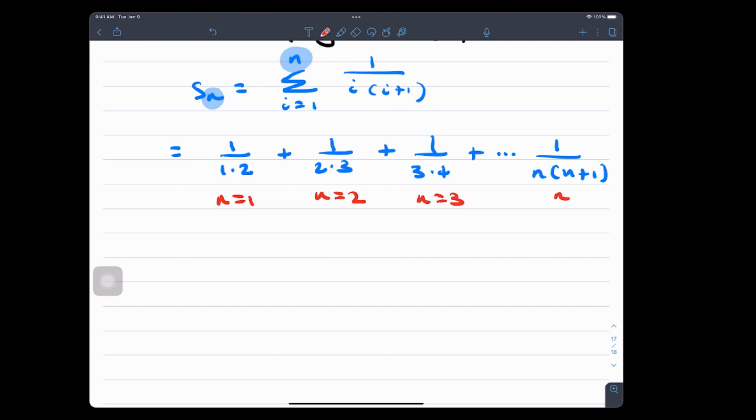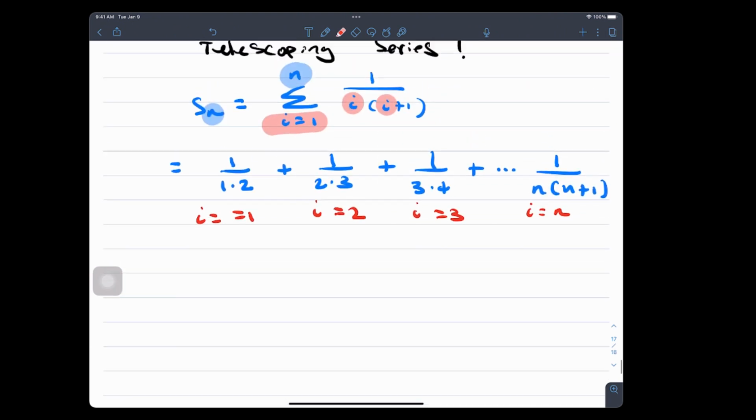Let me be specific: this is where i is the index. We're plugging in the values for i, and then we end at n. That's what this thing looks like.